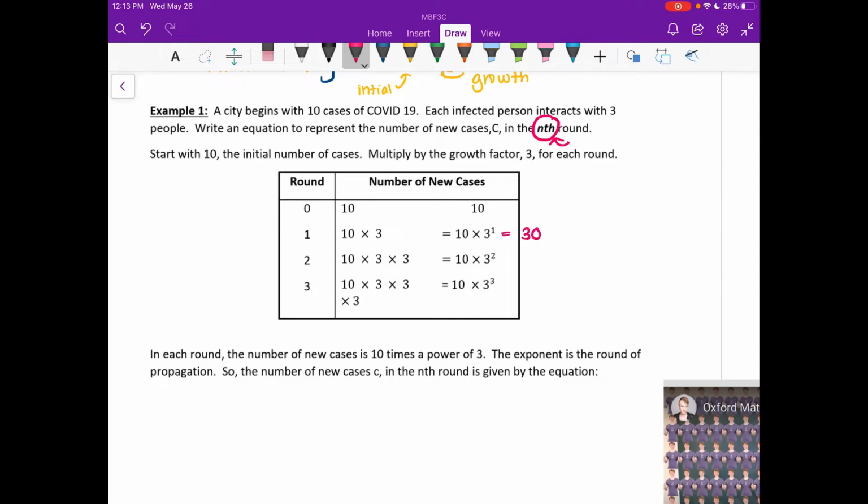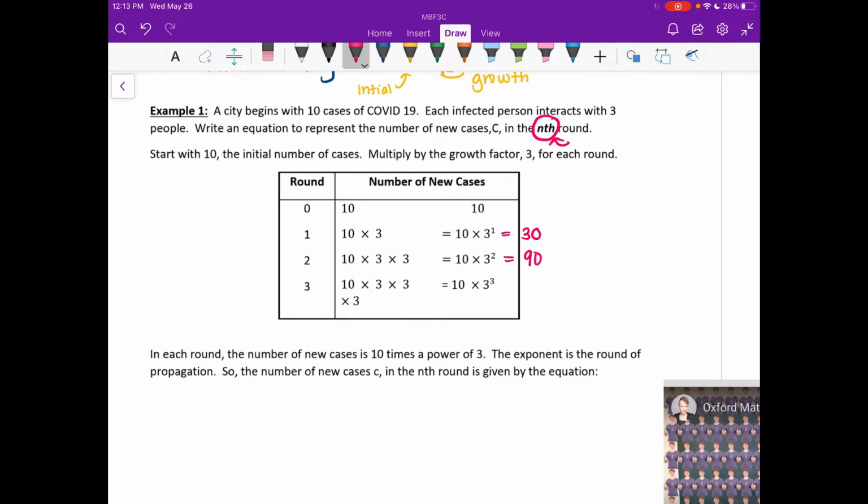So now we have 30 new cases. Then those 30 people have now gone and talked to 3 more people each. So we have to do 30 times 3, which is going to give us 90. Another way to look at this is just to do 10 times 3 times 3, because we did 10 times 3 the first time, and then those 30 people went and talked to somebody else.